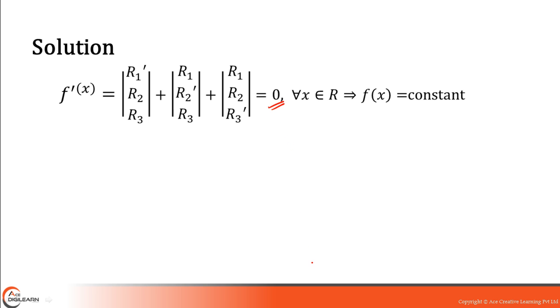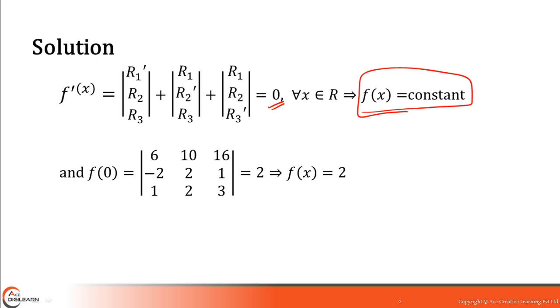So we can say f dash x is 0, which means f of x is a constant function. Why? Because the derivative of a constant function is 0. Hence, to get that constant, let us substitute x as 0 in the given function. So we get the value of the determinant as 2. Hence, we can conclude the function f of x is 2.